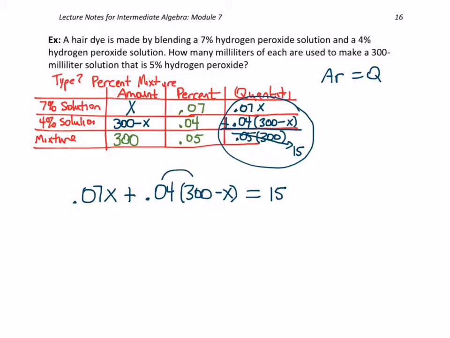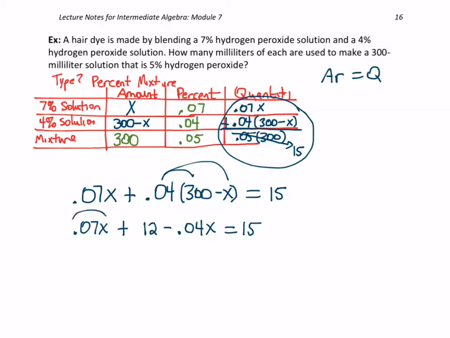So first distribute this. So you get 0.07x plus 0.04 times 300 is 12. 0.04 times minus x is minus 0.04x equals 15.